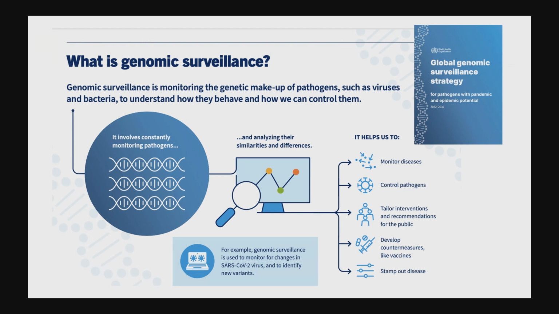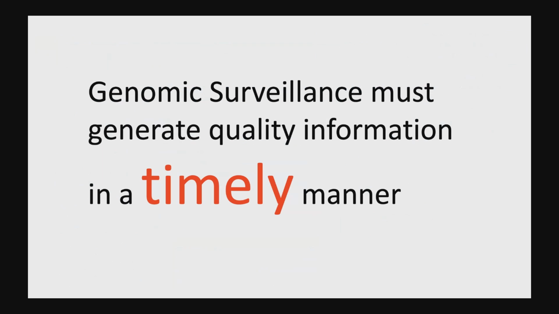And of course, this is very important information that we work on together with other information that we have in surveillance. But one of the most important points related to genomic surveillance is that we have not only very good information in terms of quality, but also in a timely manner. If it's not timely, we cannot use this as a countermeasure, for example.